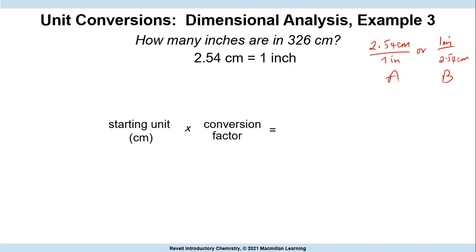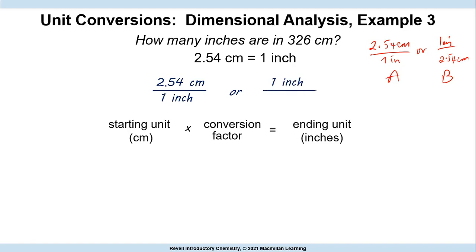Alright, in this case the conversion factor that we are going to use is B, because the centimeters is at the bottom and the centimeters will cancel out and we are left with inches. That gives us the ending unit. So we are starting with centimeters, the conversion factor, and the ending is inches. We have 2.54 centimeters per inch, so that is exactly what we are going to do.